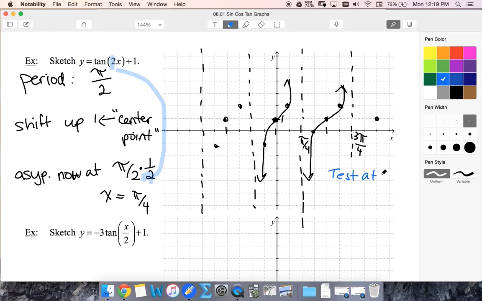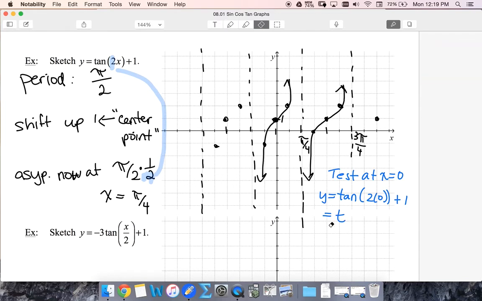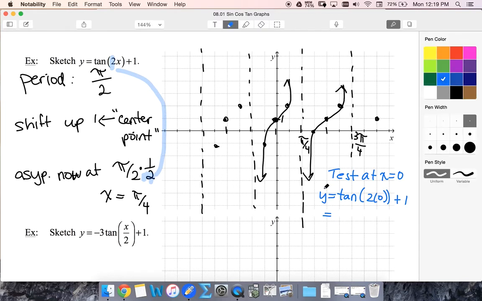So at x equals 0, that's this point here, I'm going to have y equals tan of 2 times 0, plus 1. Well, tan of 0, I hope we all know, is 0, plus 1, which is 1. So that checks because we went through the point (0, 1).